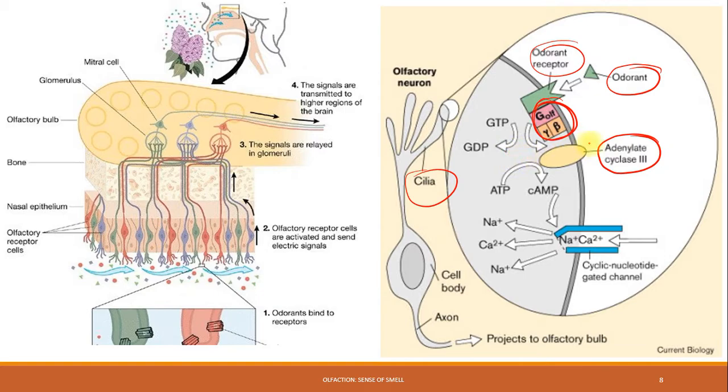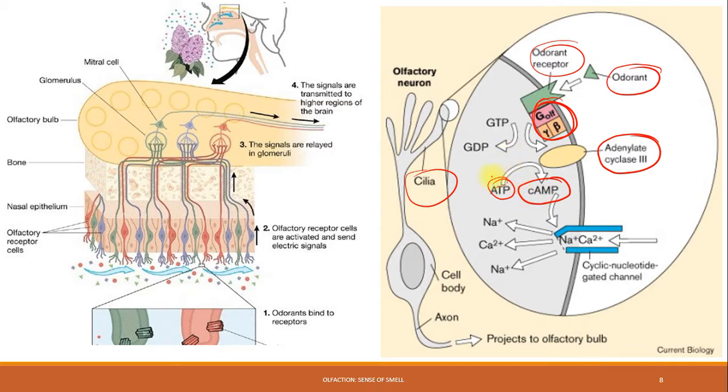Adenylate cyclase is a type of enzyme that converts ATP, that is adenosine triphosphate, into cyclic adenosine monophosphate.